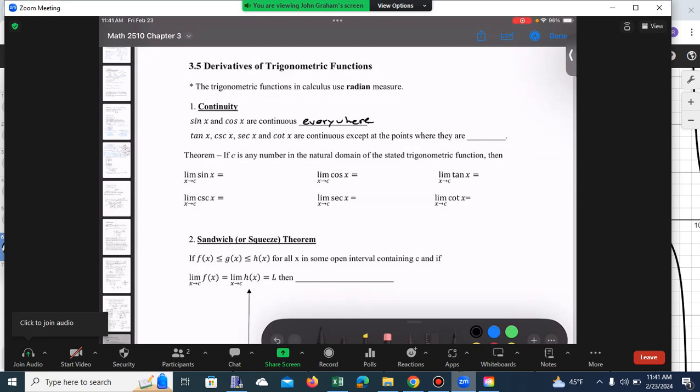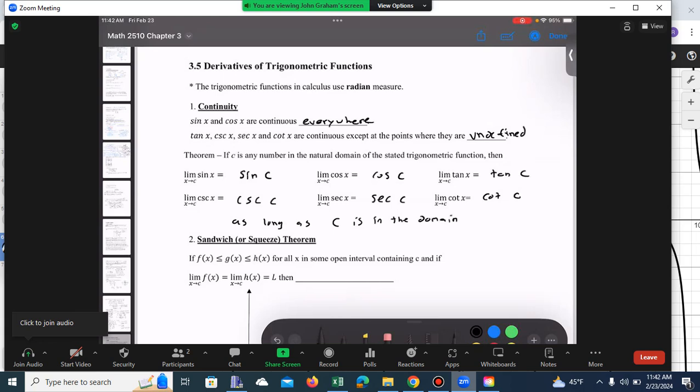So when we take the limits of any of these functions as x goes to c, we are just replacing x with c, as long as c is in the domain.